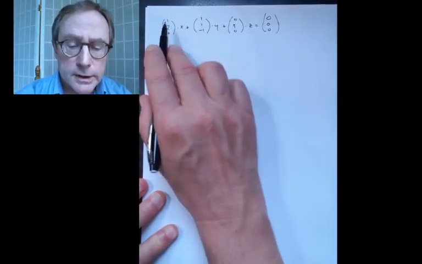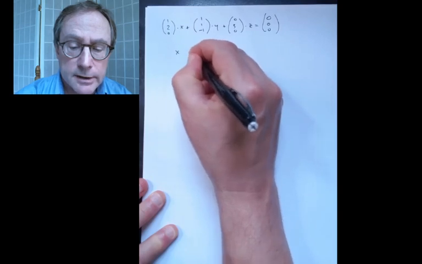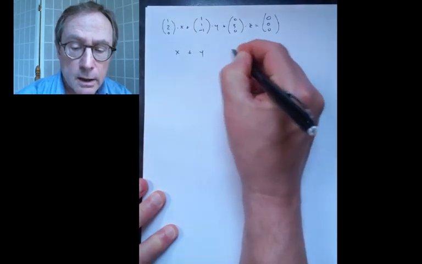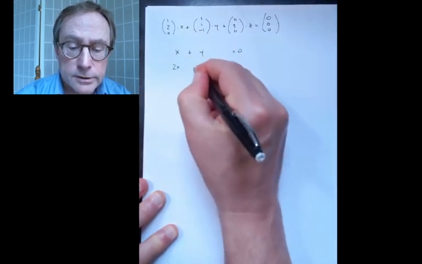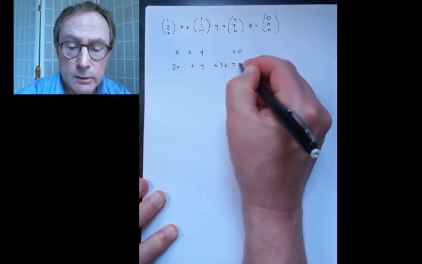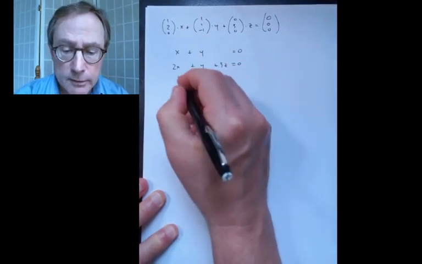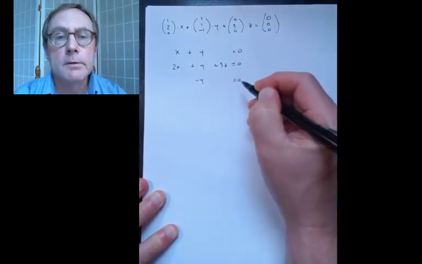Okay, so of course, a person thinks to look at the first line and get, let's see, x plus y equals 0. The second line gives you 2x plus y plus 3z equals 0. And the third line gives you minus y equals 0.